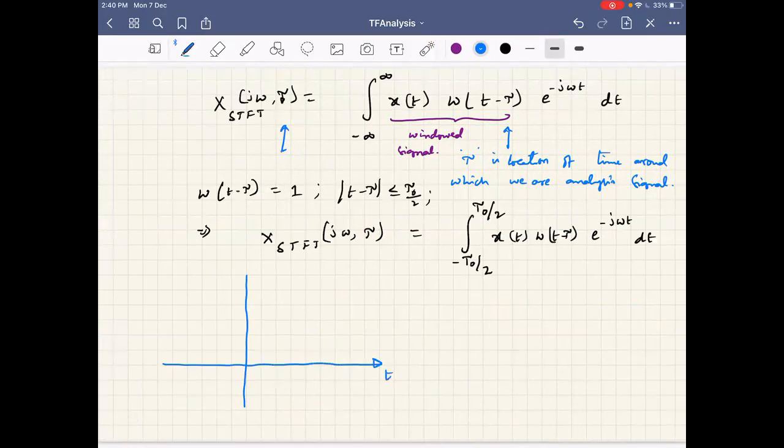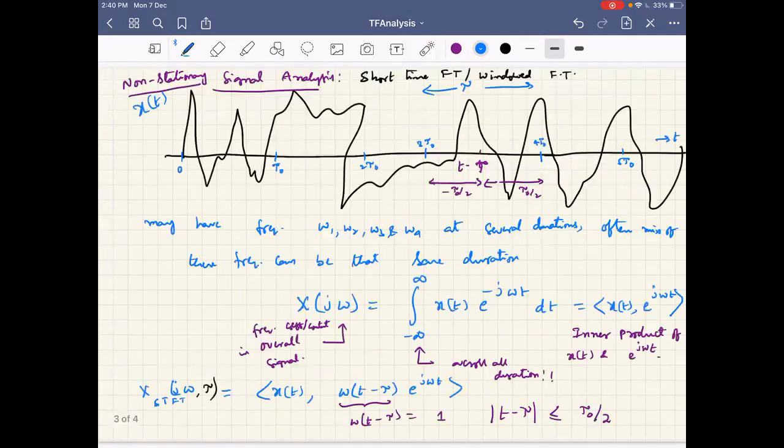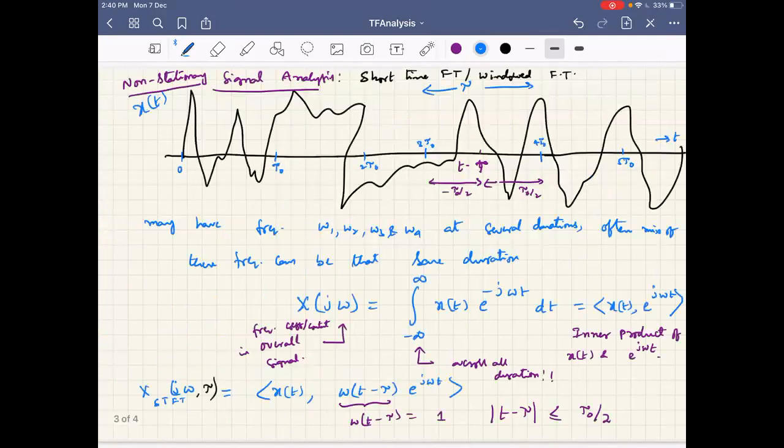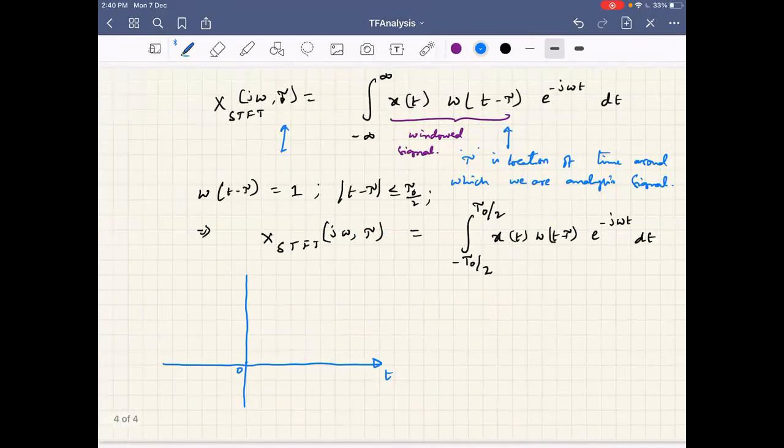Since we have broken the time information into frames, the original instance t equal to 0 is here. Assume it is from here itself; this is the first frame, this is the second frame and so on. Then the integral simply changes from 0 to tau naught, and you have one set of frequencies.